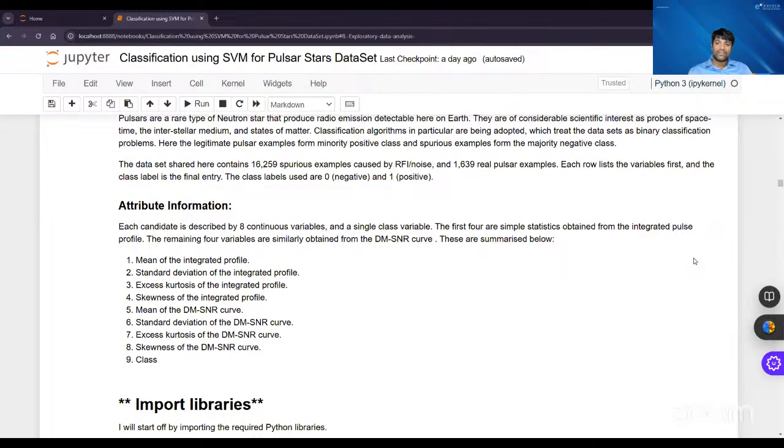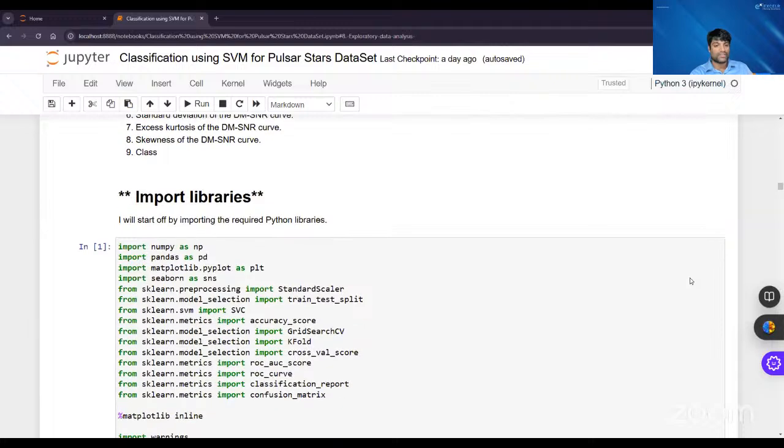That is what this data set is about. This project is a very good example where we can use our machine learning algorithms in space technology or scientific technology as well. So, let us go to importing the libraries first, right?